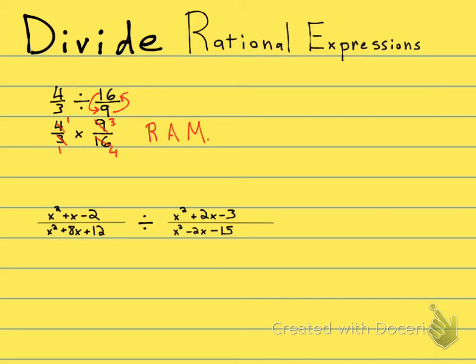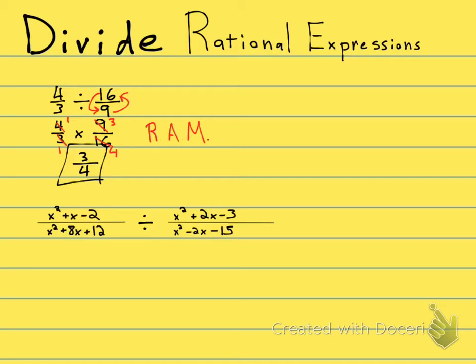All right, now let's multiply. 1 times 3 is 3 over 1 times 4 is 4. Completely simplified.